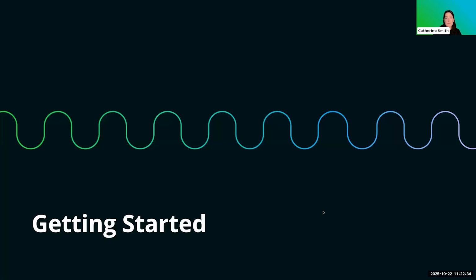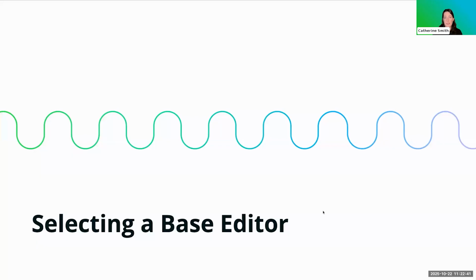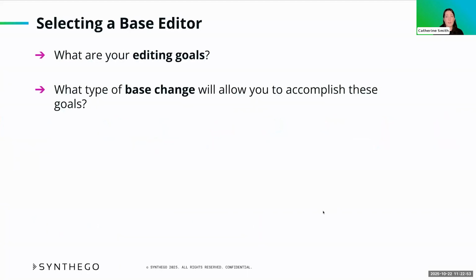So if you're starting to think that base editing might be a good fit for your genome editing needs, here are some things to consider as you get started. As you likely noticed, a lot of your guide RNA design considerations are going to depend on your specific base editor. So how do you make sure that your base editor is a good fit for your needs?